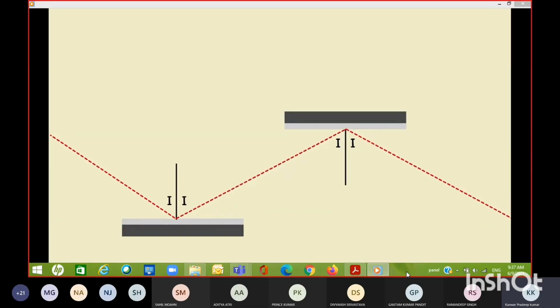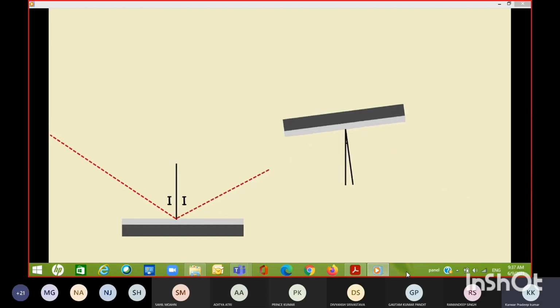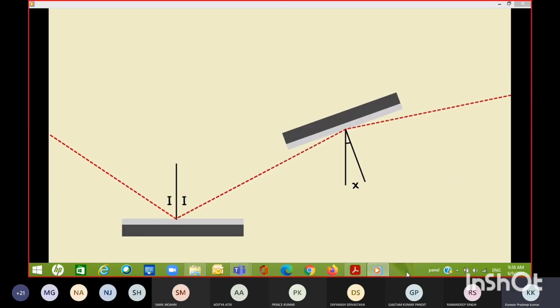But as soon as that second mirror is no longer parallel to the first, an interesting effect occurs. Let's rotate our second mirror by an angle, which we're going to call X. The ray of light still interacts with the original mirror in the same way. But now, when it hits the second mirror, the angle of incidence has changed.